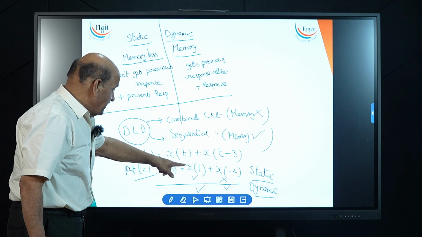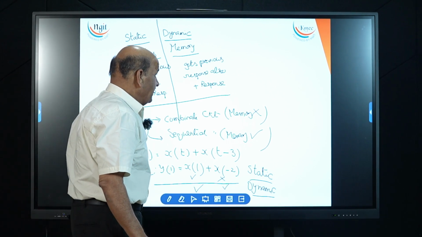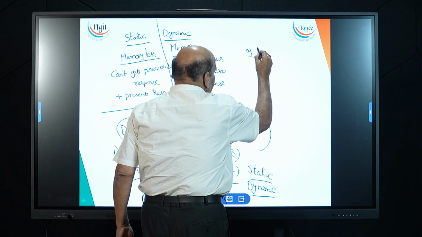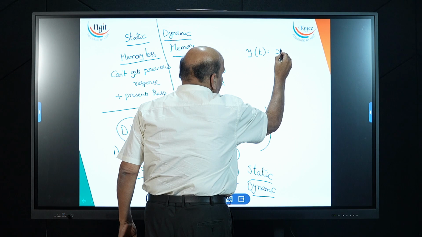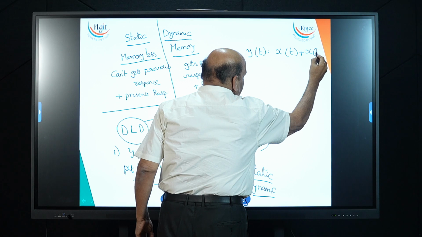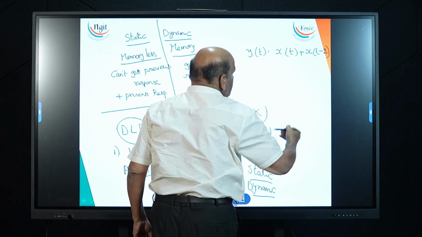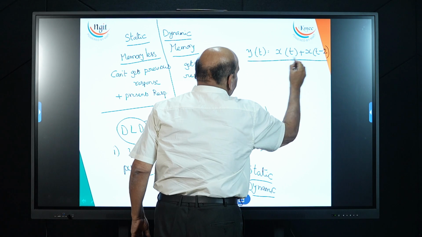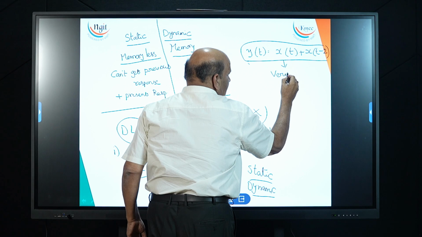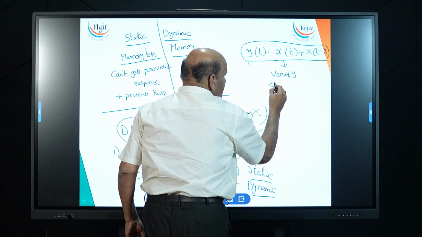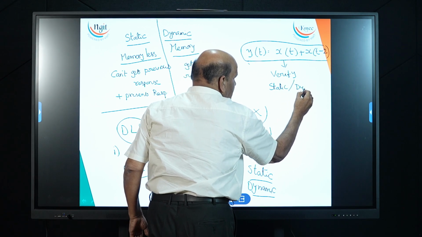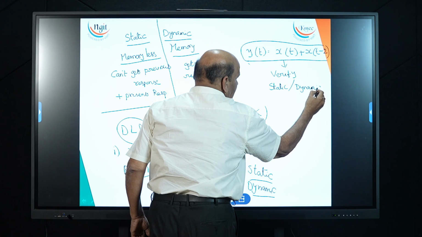In examinations also they will check this. For example, x of t plus x of t minus 2. Students have to observe very clearly and verify whether the system is static or dynamic, or analyze whether the system is static or dynamic.